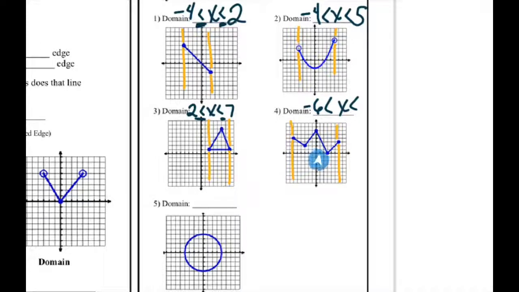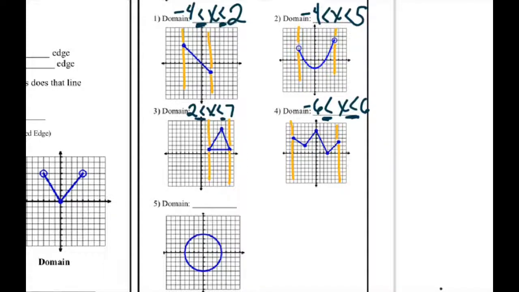Domain on the right, 1, 2, 3, 4, 5, 6. On my right is a positive 6. On the left side is a closed circle, so I need to close off my symbol. Right side, also closed circle, so this is going to be an inequality with a line underneath it. Looks like that. Closed inequality.